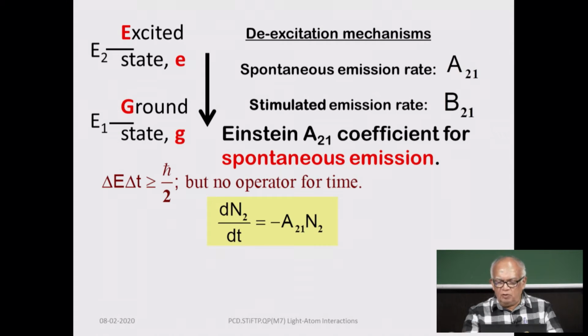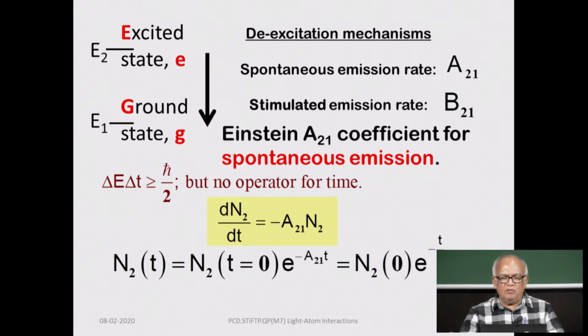So, obviously, the solution would be an exponential solution, because any time you have got a quantity which decays at a rate which is proportional to the amount of that quantity at that point, whether it is decay of charge on a capacitor or whatever, the rate at which water flows out of a beaker if there is an orifice at the bottom. So, you have a relationship which is dN2/dt equal to minus A21 N2. So, the proportionality is the coefficient which is called the Einstein A21 coefficient for spontaneous emission, and the solution obviously would be an exponential solution as you have in nuclear decay or whatever, right.